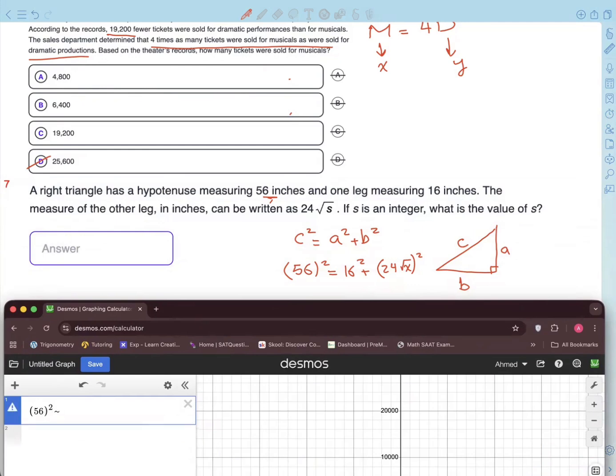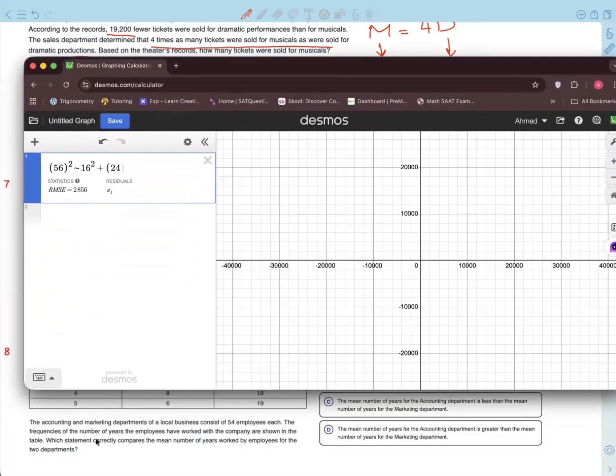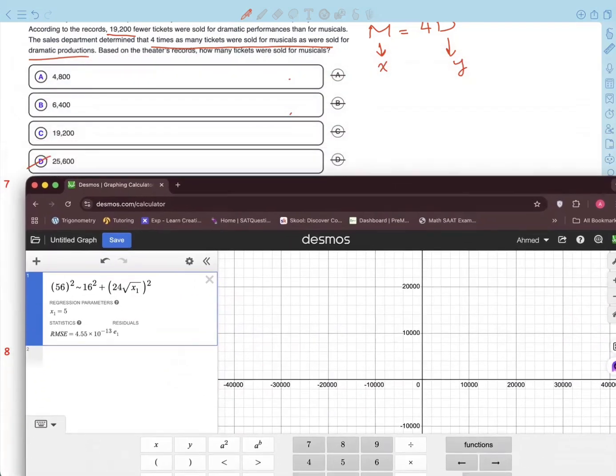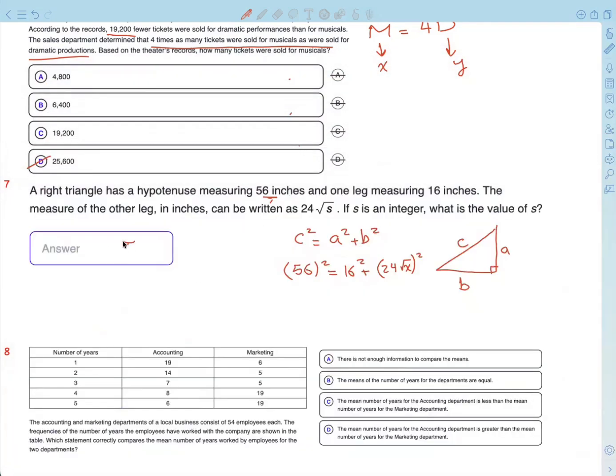So this is delta, 16 squared, plus 24 and root, you can use root from the keyboard here, and this is x, you have to write it as x1, all squared. Then check x1 equals 5. It means that the answer is 5, so s is 5.